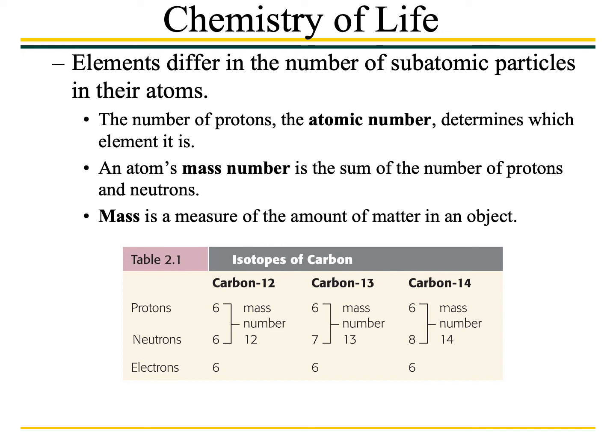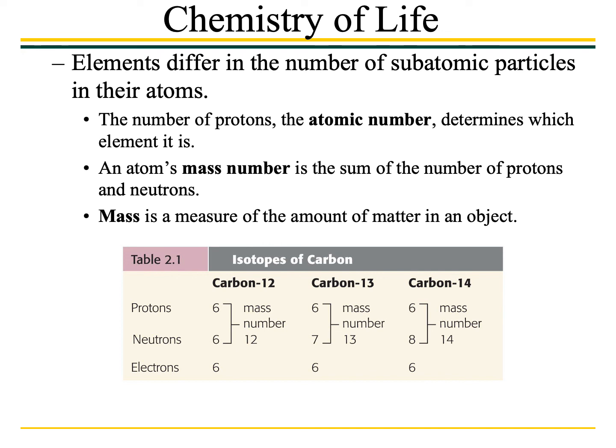So if you look at this table once again, you can see that we actually have 2 distinct isotopes of carbon, carbon-13 and carbon-14. Carbon-13 and carbon-14, just like carbon-12, all have 6 protons. And again, it is these 6 protons that is the defining characteristic that notes this as carbon.